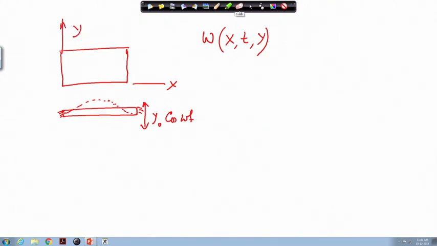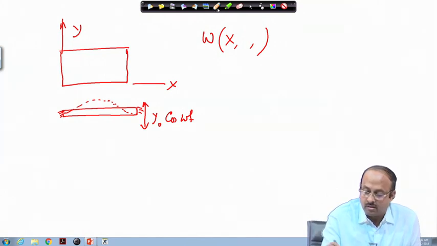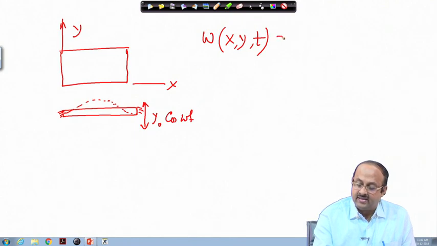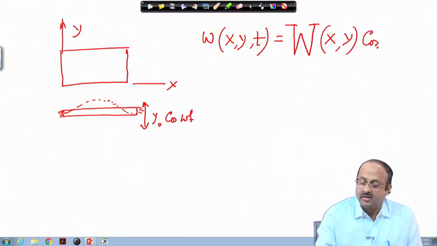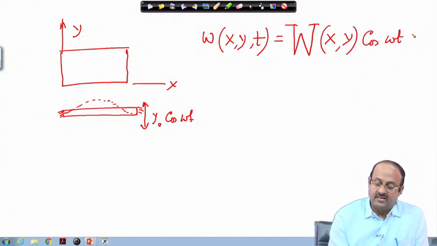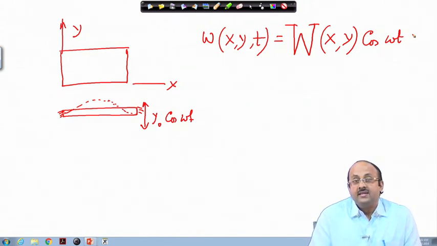So, it will be better to take x, y and t, and this is actually a shape function of x and y, and we will consider cosine omega t, assuming that there is no damping over there.